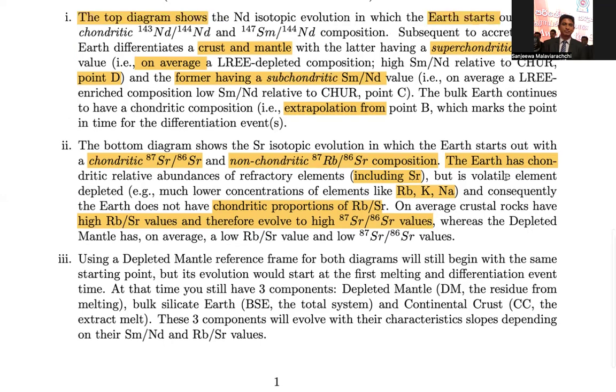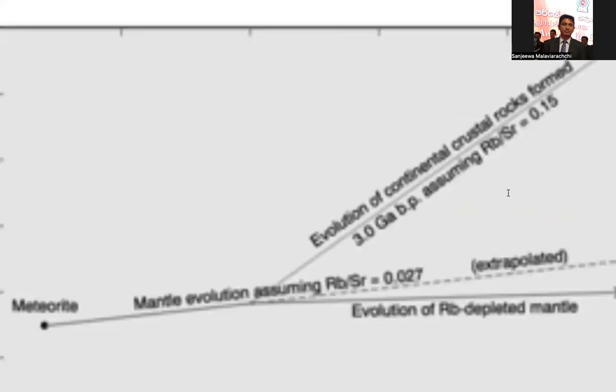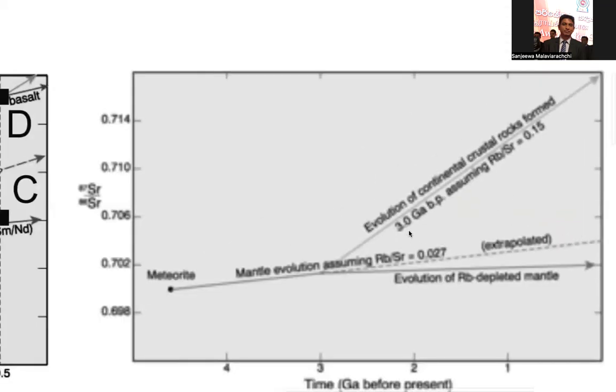Right. So how is it shown here? Evolution of continental crust, because it must have a higher tan theta compared to the original evolution.